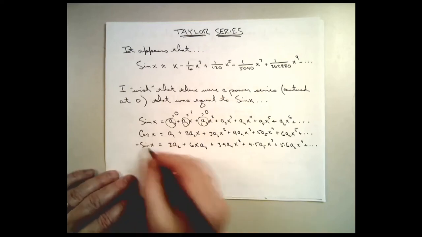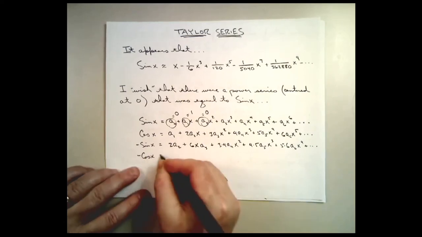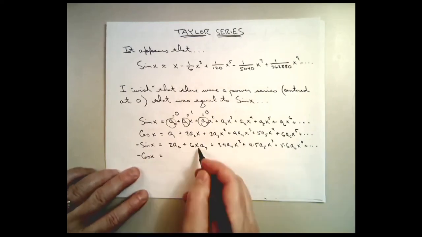Do it again. Derivative of negative sine x is negative cosine x. Derivative of a constant is 0.